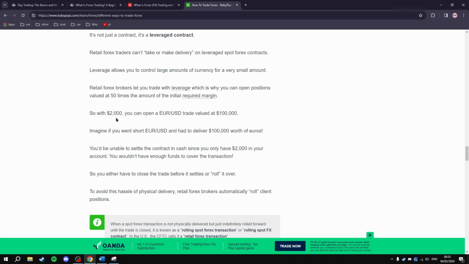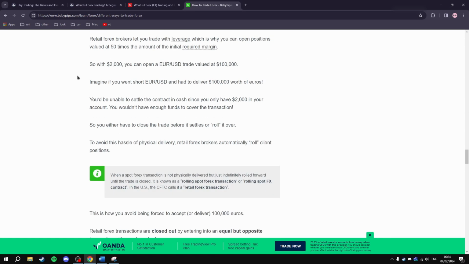Imagine if you went short Euro USD and had to deliver $100,000 worth of euros. You'd be unable to settle the contract in cash, since you only have 2,000 in your account. You won't have enough funds to cover the transaction. So you either have to close the trade before it settles or roll it over. To avoid this hassle of physical delivery, retail Forex brokers automatically roll client positions.